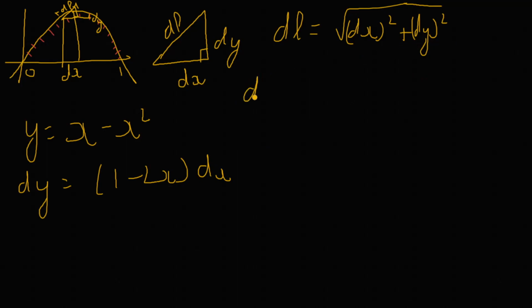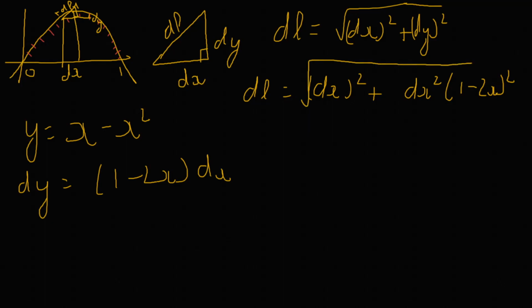So we get dl equal to under root of dx whole square plus dx square into 1 minus 2x whole square. Let's take dx square out of the root. So we get dl equal to under root of 1 plus 1 minus 2x whole square dx.